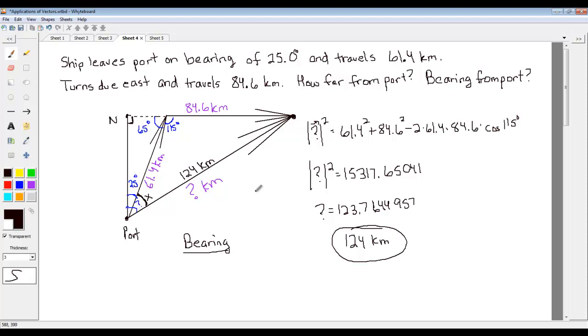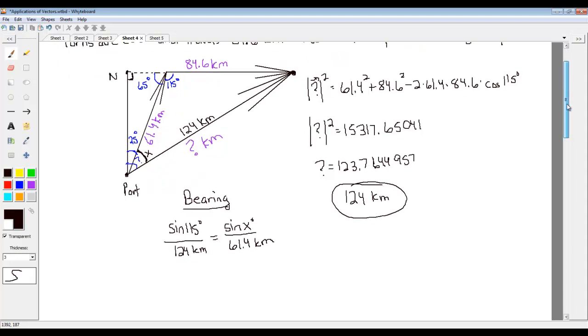So I can use the law of sines here: sine of 115 degrees over 124 kilometers equals sine of x degrees over 61.4 kilometers. And then solve for x.